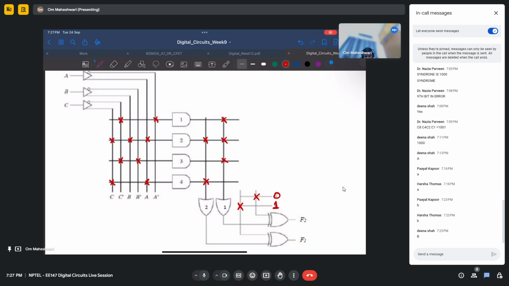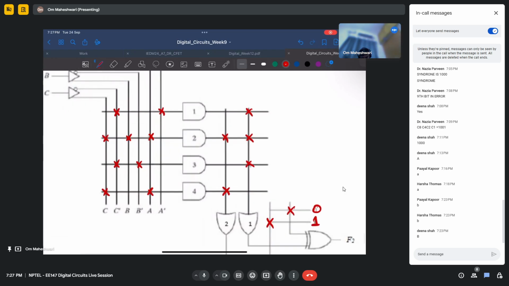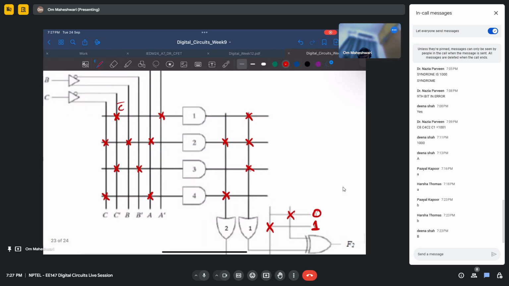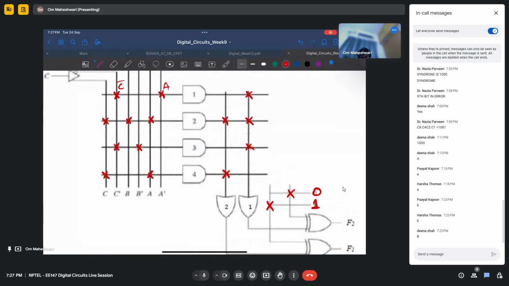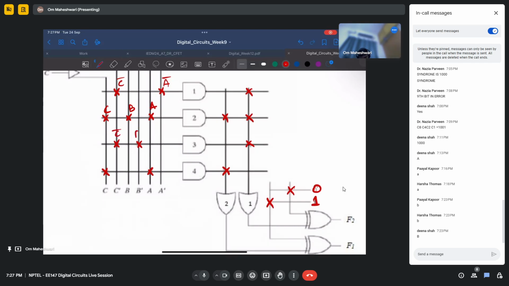Okay, so let's solve this. This is C bar, A bar. This is A, B, C bar, B bar, AC. This here is AC, B bar, C bar, ABC, and A bar, C bar.